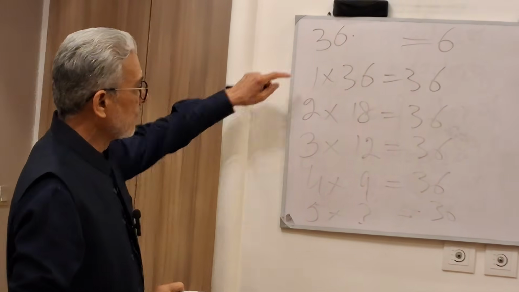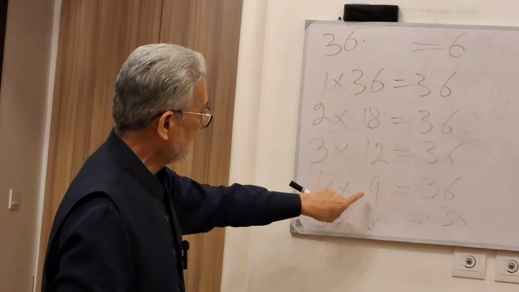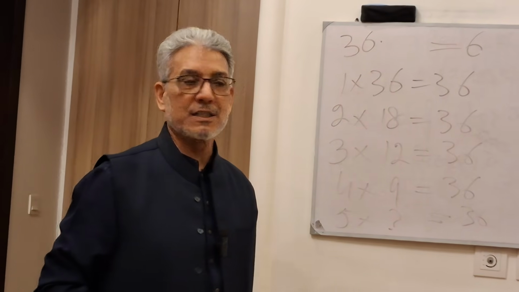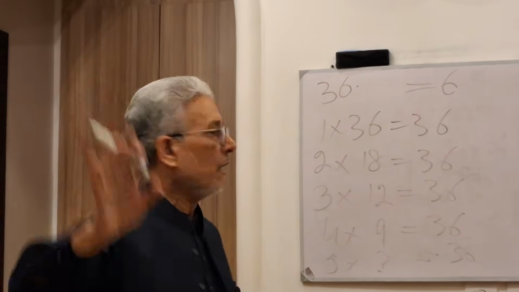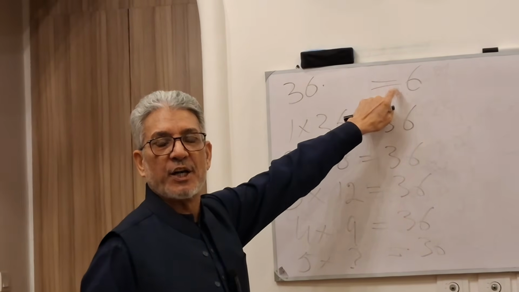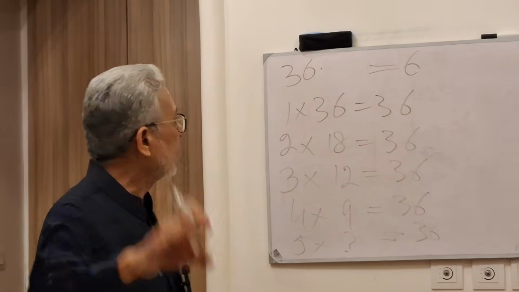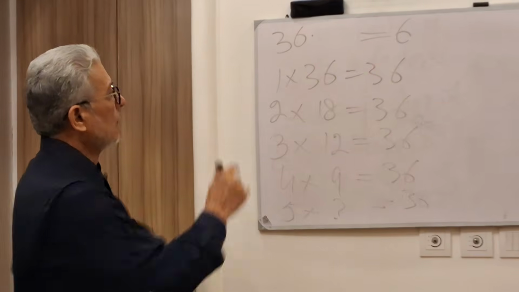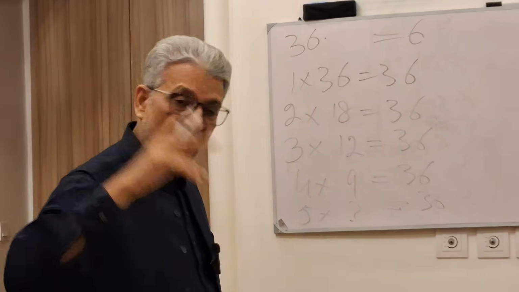So how many factors? 1, 2, 3, 4, 6, 9, 12, 18, 36. These are the factors of 36. You don't need to go beyond 6. You don't have to divide by 7, 8, 9. No. When this is a perfect square, you find out the square root, which is 6. Then all the factors you can find out by this factor pair method.